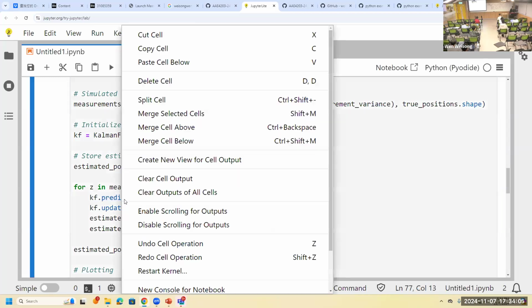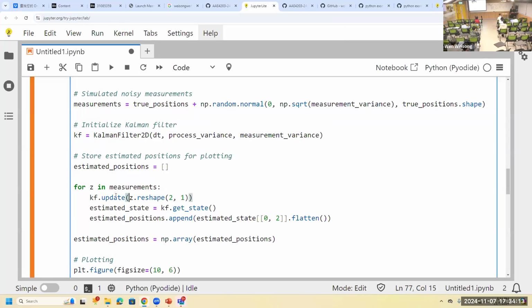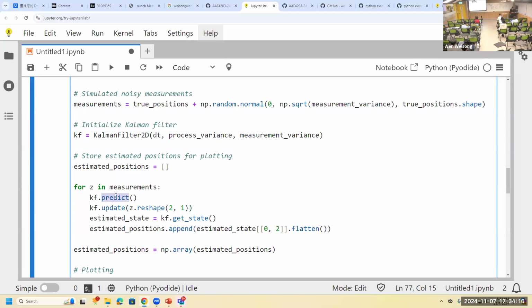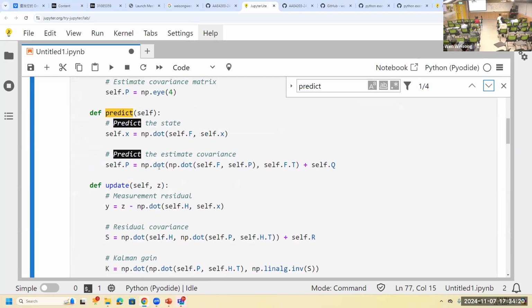For the prediction function, we can go to the function. The prediction process includes two equations.